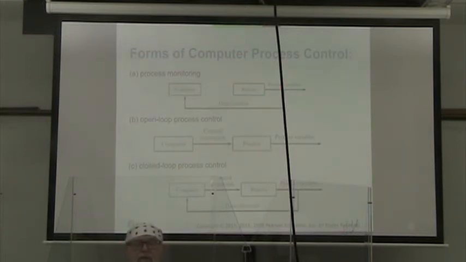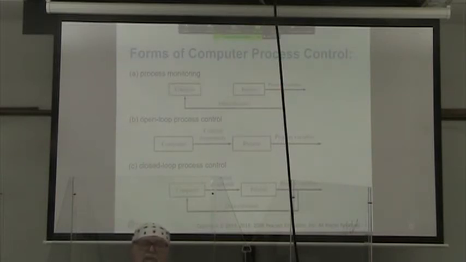All right, so in computer process control, first of all, it might just be process monitoring. In that case, the process is going on, the process variables are coming out, and the computer just records the data that is collected from the process variables as they come out.